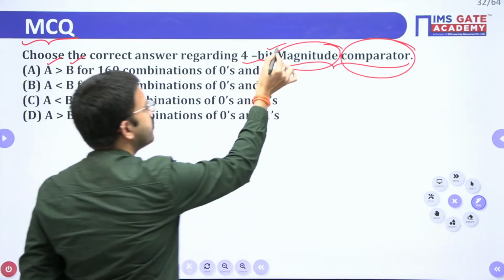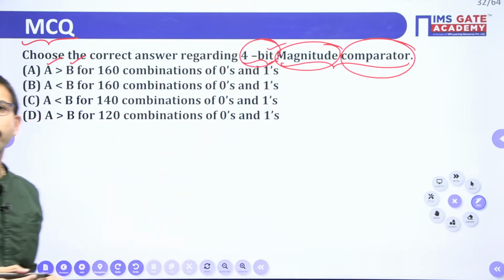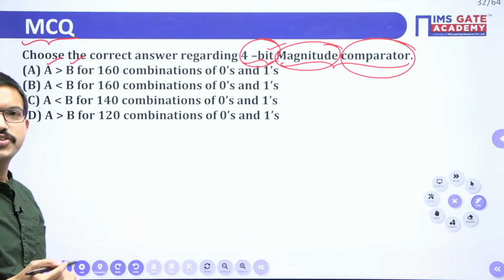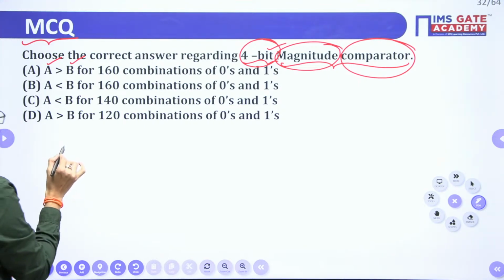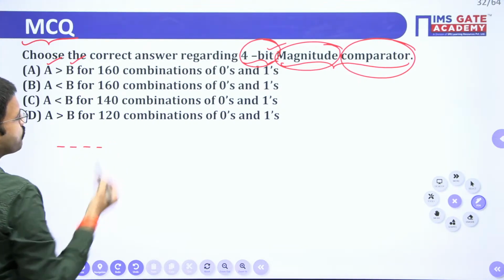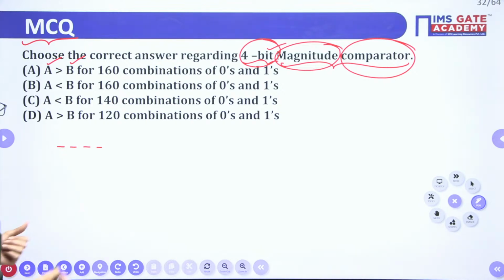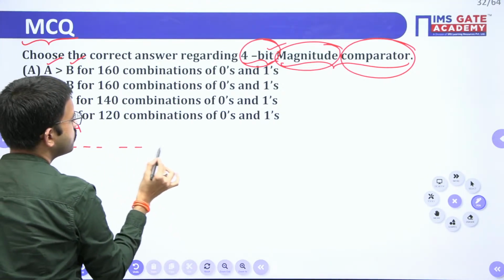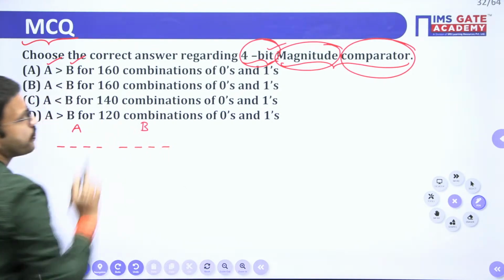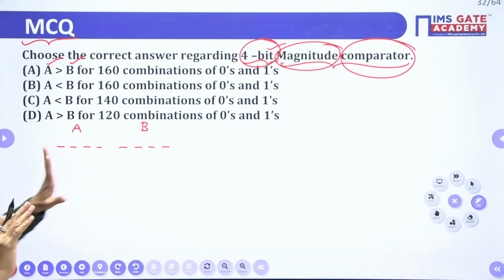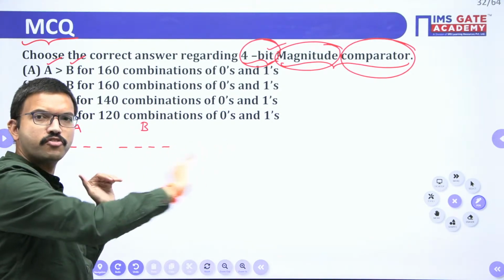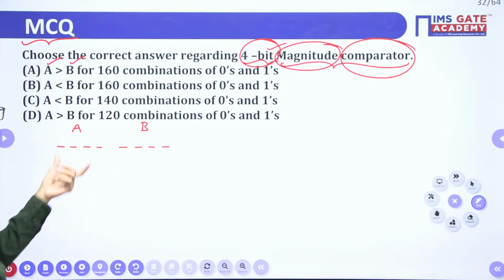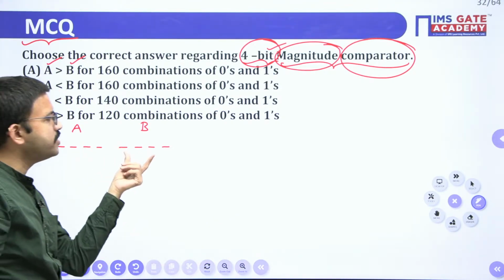In general, when you are having 4 bits, A is a 4-bit number and B is a 4-bit number. At the input side, if you write the truth table, regarding A you are having 4 bits, regarding B you are having 4 bits.